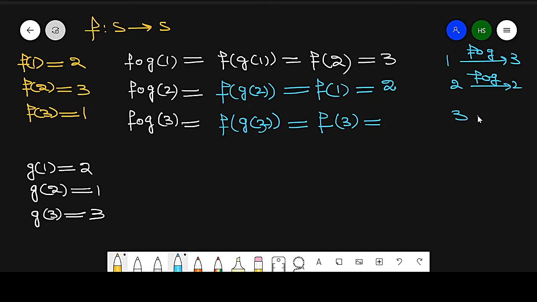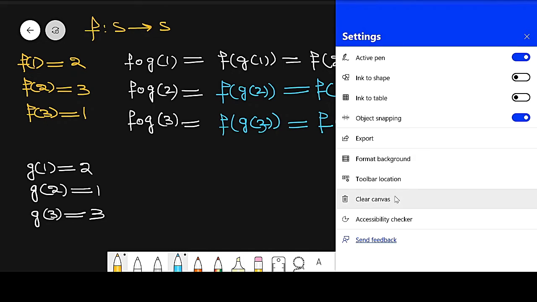So 3 goes to 1 under the mapping F of G. So in this way we can find the composite map. So in general, how can we define the product?